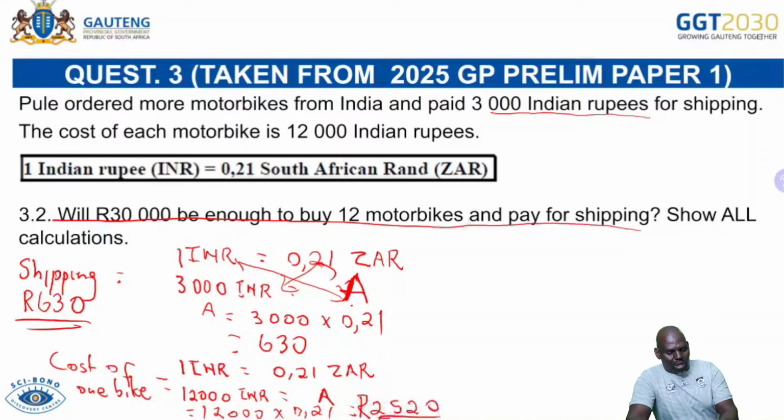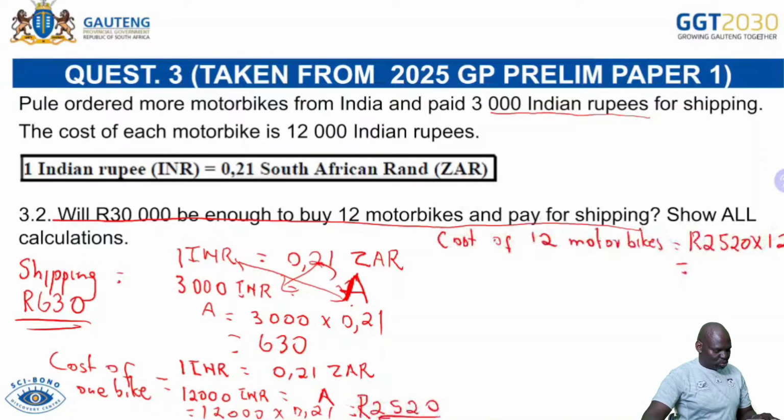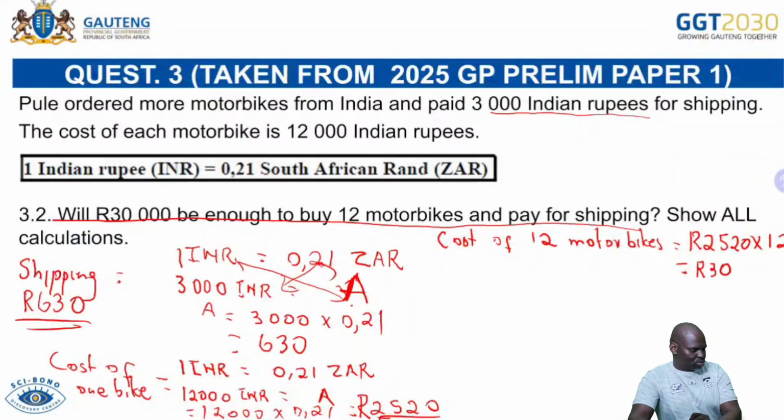Okay, so now, what about the cost of 12 motorbikes? 2,520 multiplied by 12, which gives me 30,240.